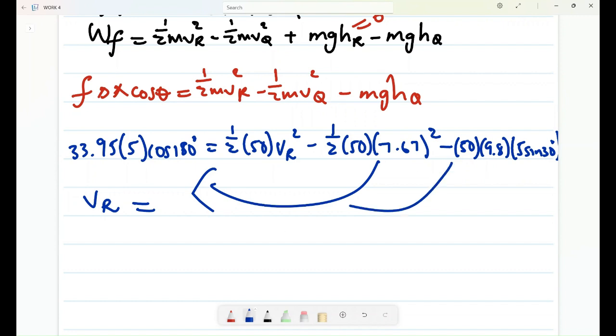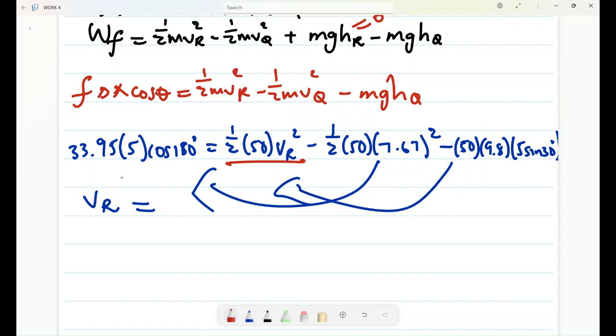I also take this to the other side, plus 50 multiplied by 9.8 multiplied by 5 sine 30, which is half. Therefore, I will divide everything by half. I'm still working under my square root, or you can do your algebra however you like.